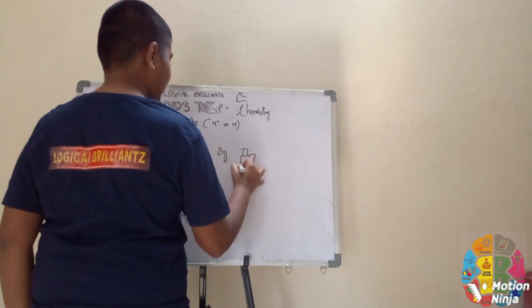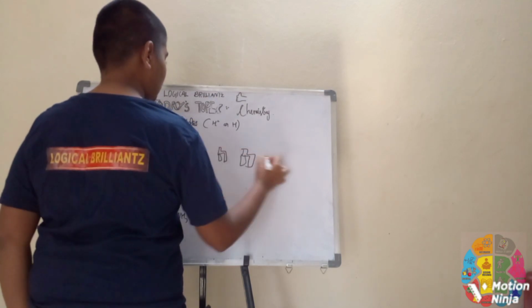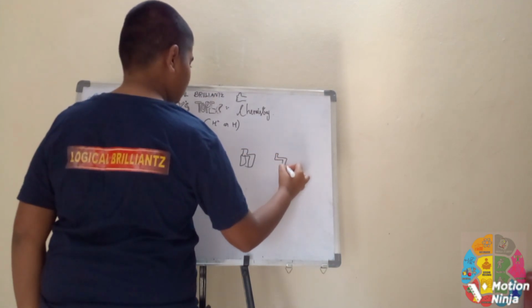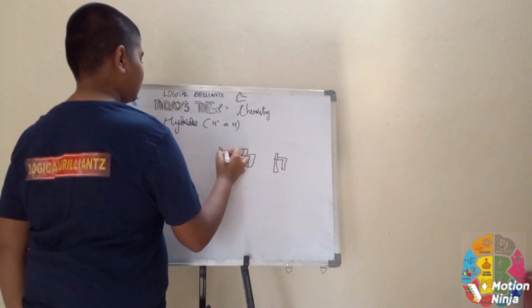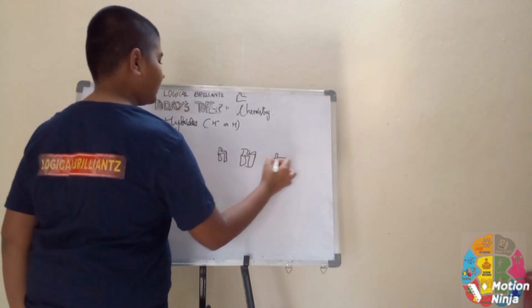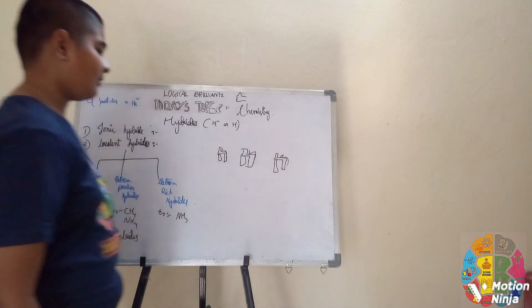This is one chair again. Again, this is one chair. Here one person is sitting, here one person is sitting, here one person is sitting.